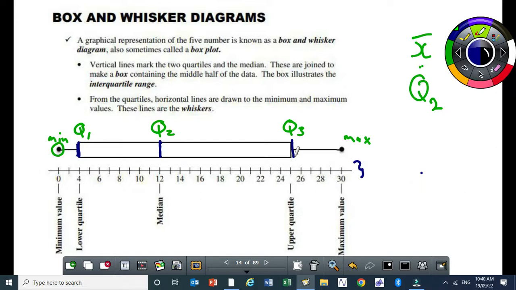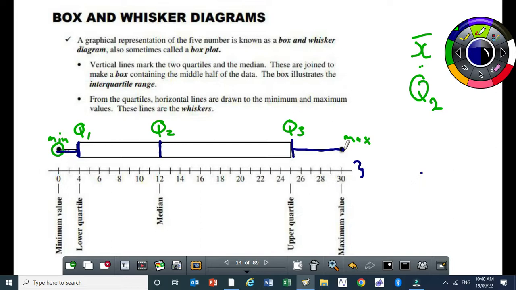The beginning of the whisker is where you find your minimum, and the end of the other whisker will be the maximum value. So you have your minimum, your lower quartile Q1, your median Q2, your upper quartile Q3, plus your maximum value.